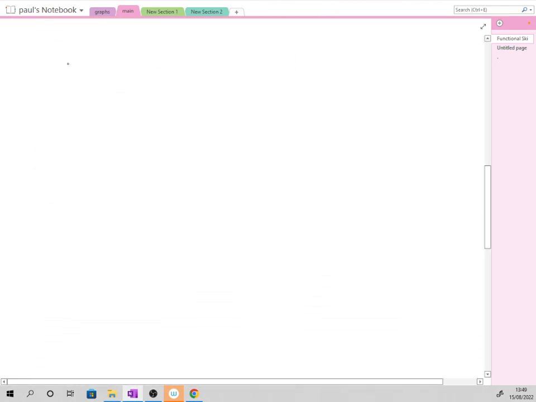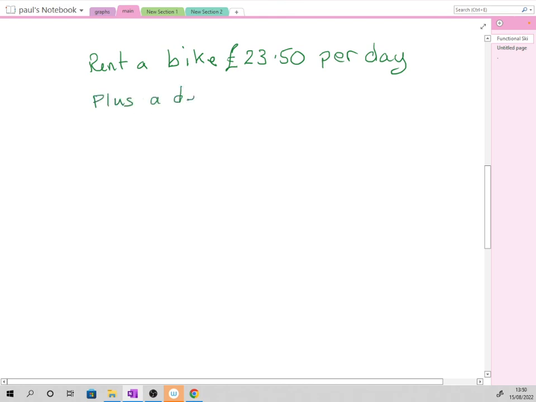Okay, so they always do this. You're going to rent, let's say, a bike for £23.50 per day, plus a deposit of £50.